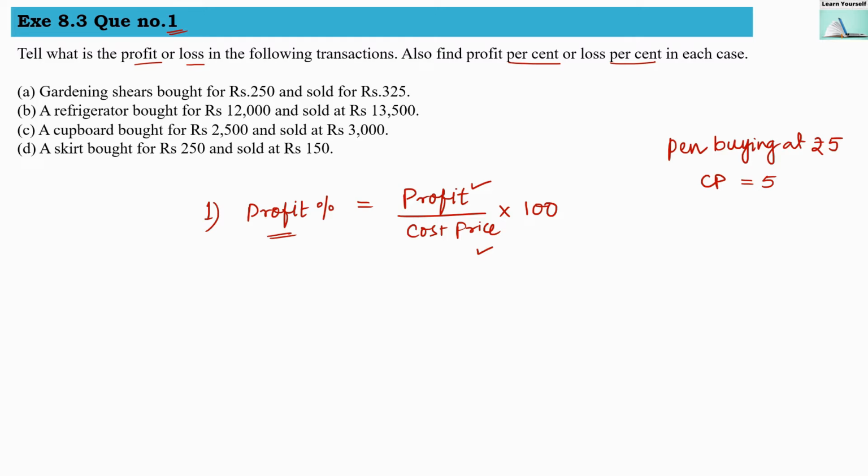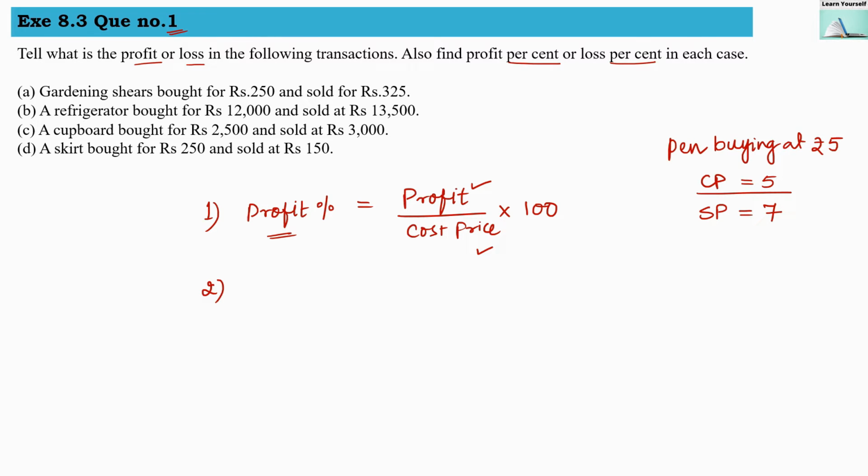If I am selling this pen, so that will be SP at rupees 7. So I am profiting rupees 2, selling price is 7 and cost price will be 5. So the original price at which we have bought the product, that will be our cost price. So this is first formula.